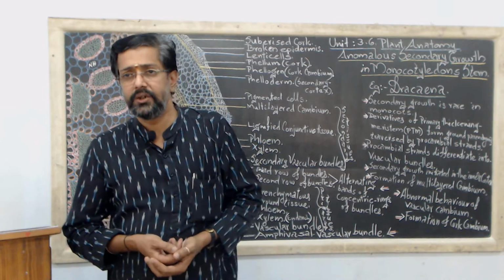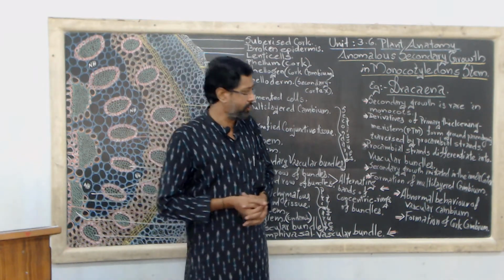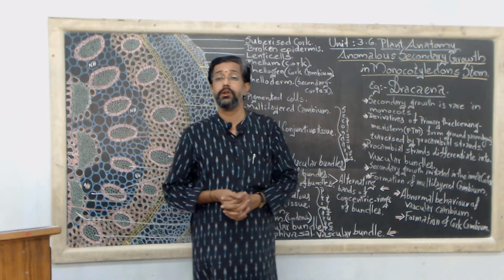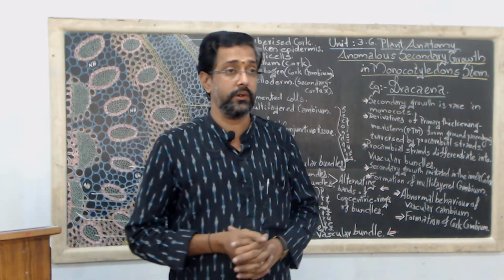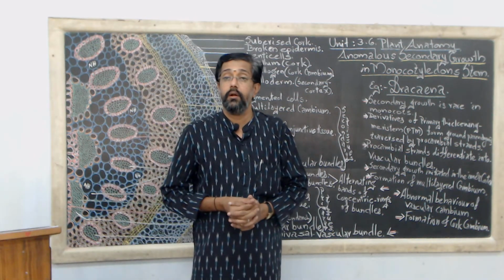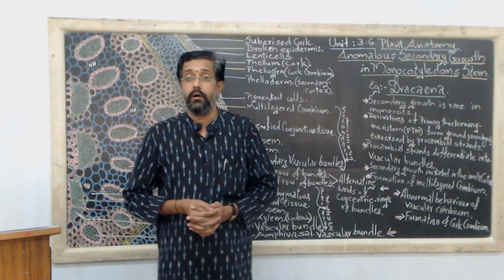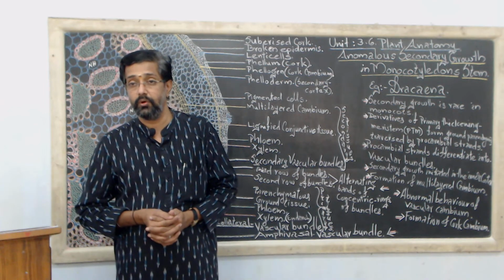Okay, so in the young condition, Dracaena even shows the normal nature of development of vascular bundles, and they are collateral and closed bundles, which are seen in monocots.